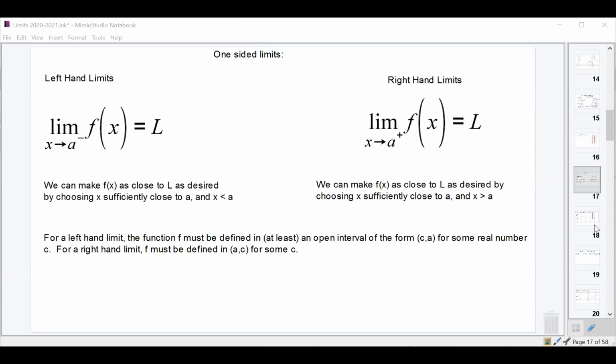The only difference is the notation: a minus sign means a left-hand limit, coming from the left side, and a little plus sign means a right-hand limit, coming from the right-hand side.